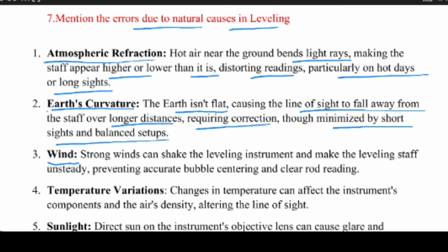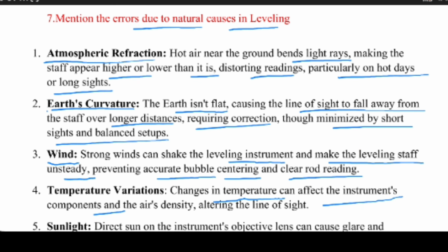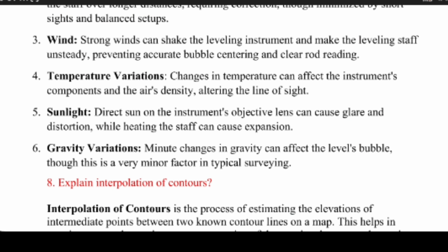Wind: strong wind affects the levelling of instruments and makes the levelling staff unsteady, affecting the accuracy of bubble centering and clear staff readings. Next, temperature variations. If the temperature changes, the instrument components are affected, the air density varies, and the line of sight will differ. Next, sunlight.